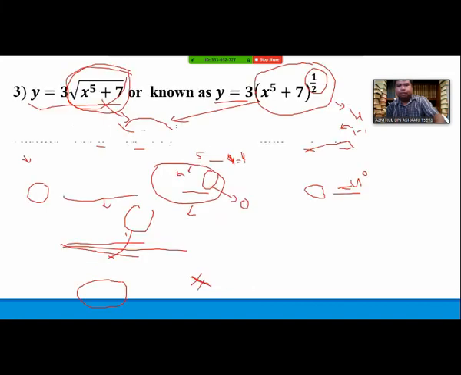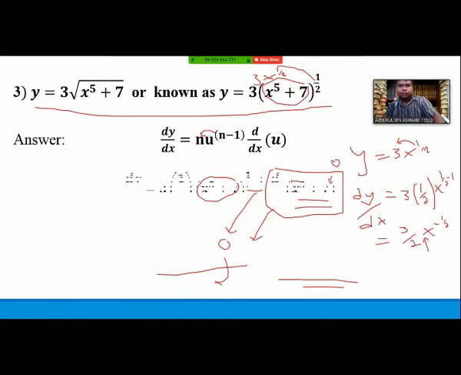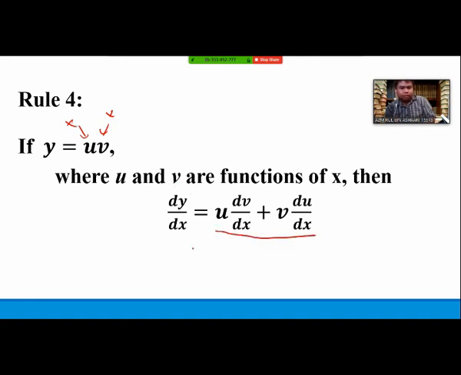And rule number 4, if you have x inside both u and v, you have to use this formula, also known as uv prime plus vu prime.